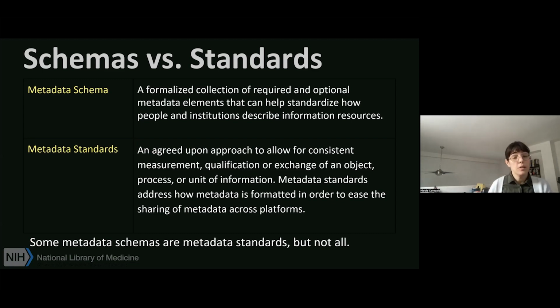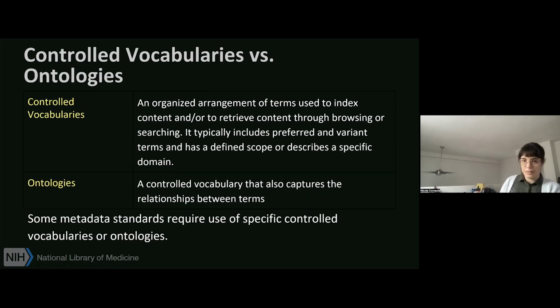Now, a metadata standard is a community agreed upon approach to a schema. Metadata standards address how metadata is formatted in order to help ease the sharing of metadata across platforms and across projects. So what's important here is that some metadata schemas are metadata standards, but not all of them. Next slide, please. And some more definitions.